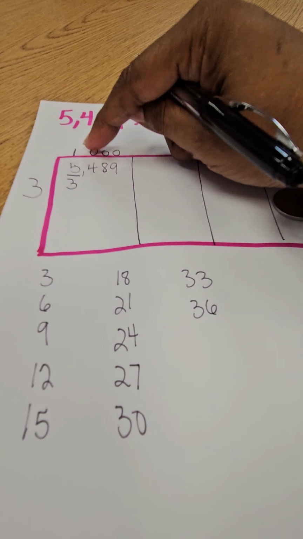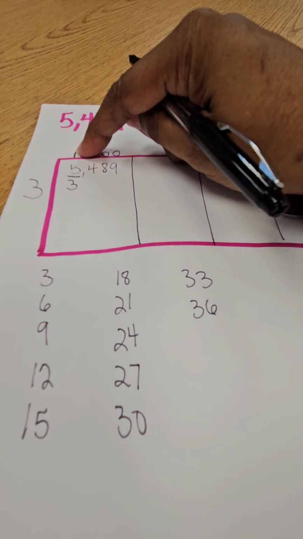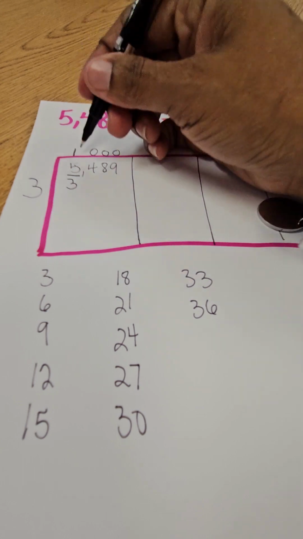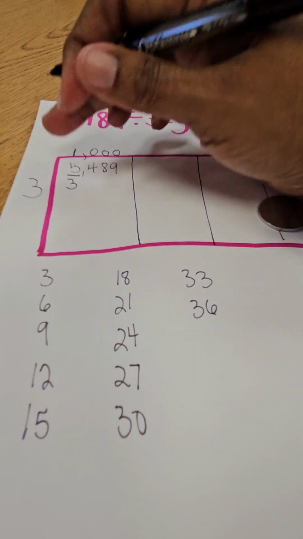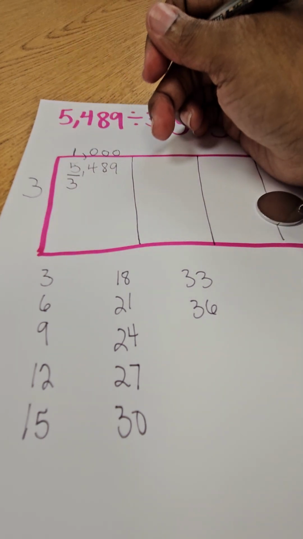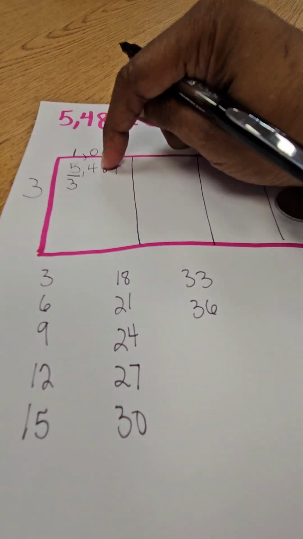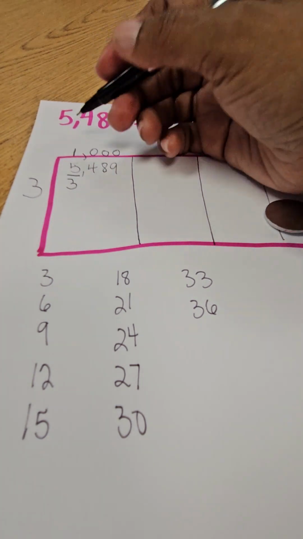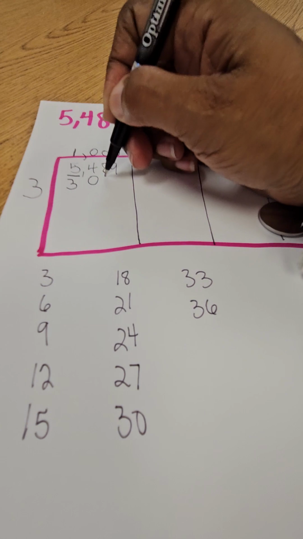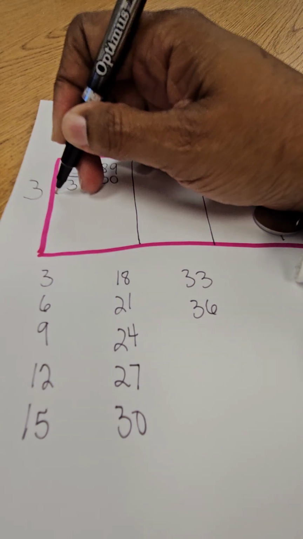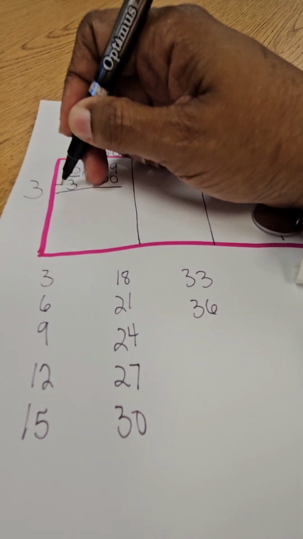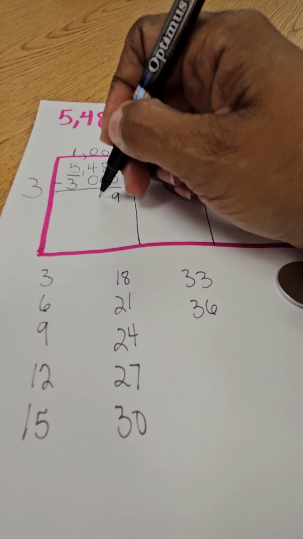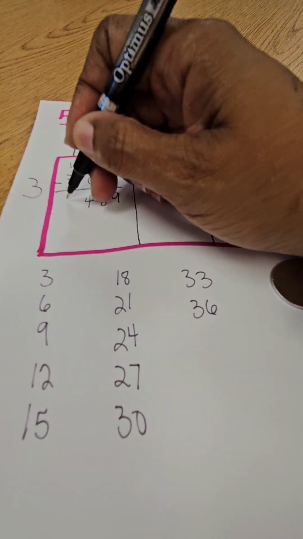I caution you to make sure that you keep your place value in line just like you do with adding and subtracting, because if you don't, you will get confused. So we did not use 489, put a 0 above each of those digits, put a 0 below each of those digits. Now you subtract: 9, 8, 4, 2.